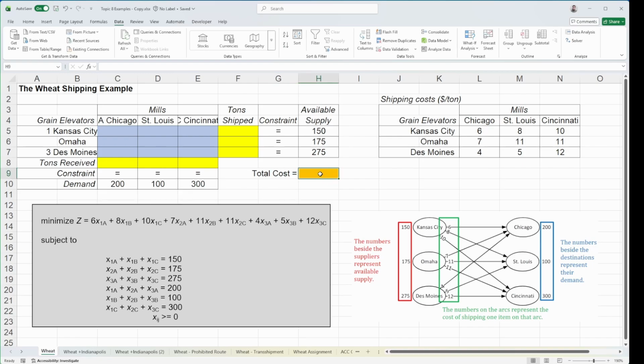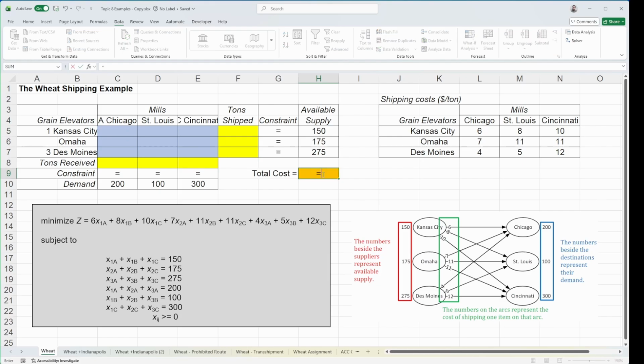For the orange cell, we're going to calculate the objective function. The objective function is simply, as we discussed earlier, the labels on those arcs, which are stored in this table on the right, sumproduct with the blue cells, which are the variables.